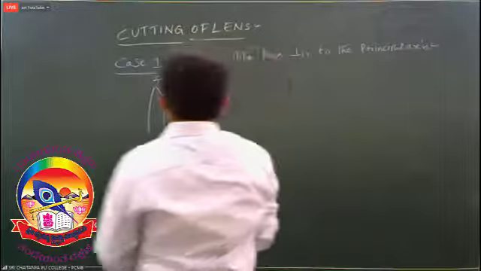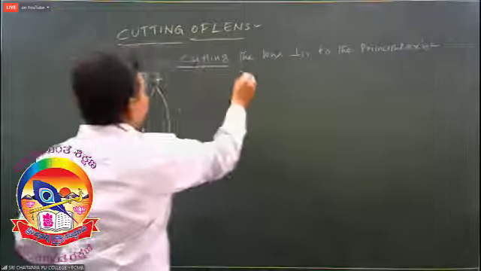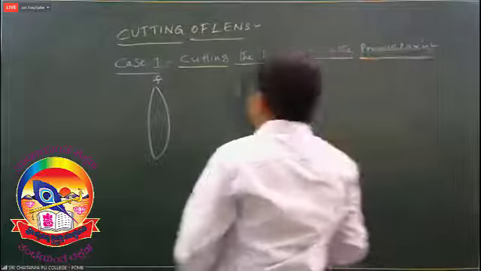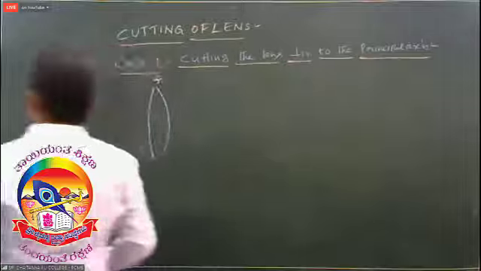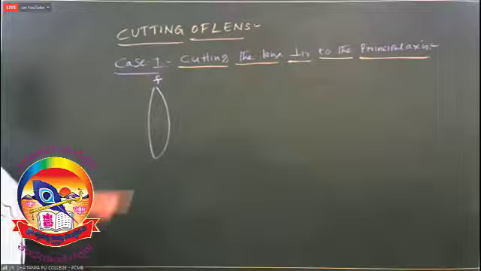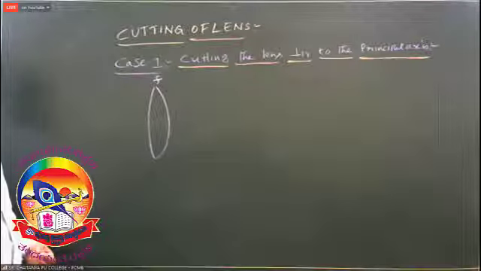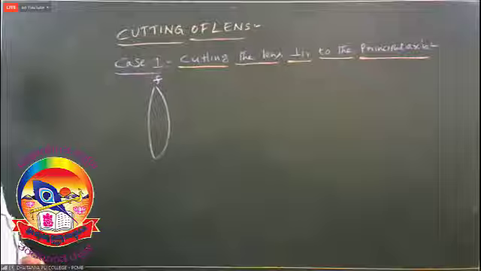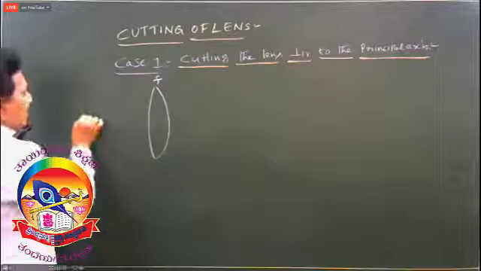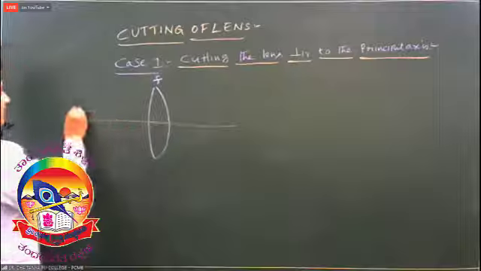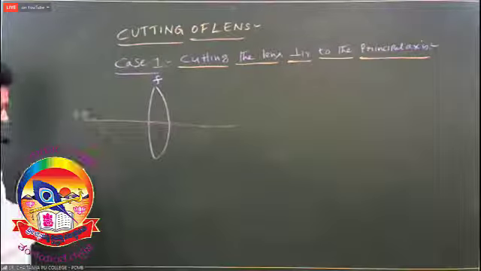In case 1, we are studying cutting of the lens perpendicular to the principal axis. Consider a convex lens, an equiconvex lens. Focal length is f. This is the principal axis.